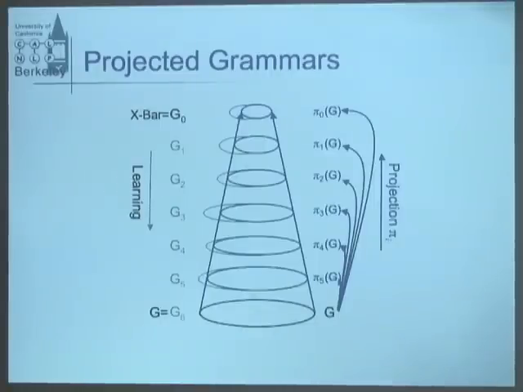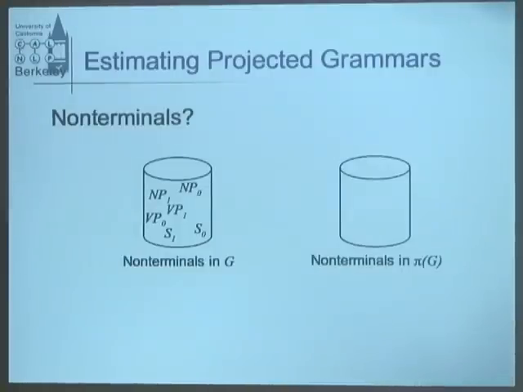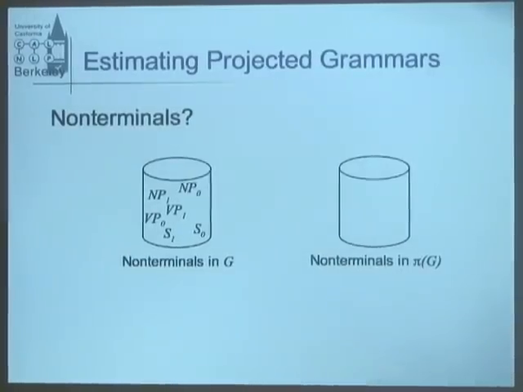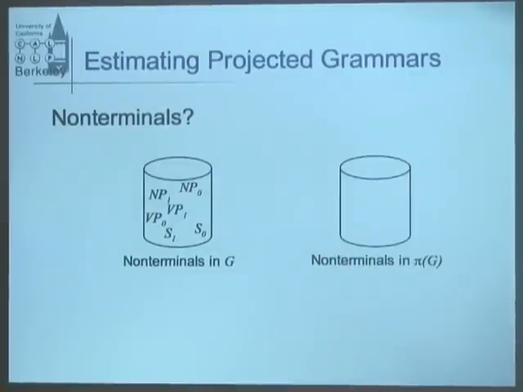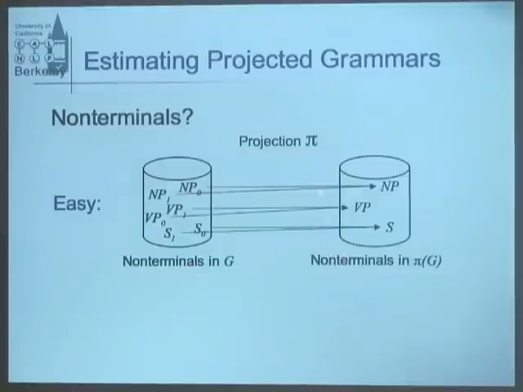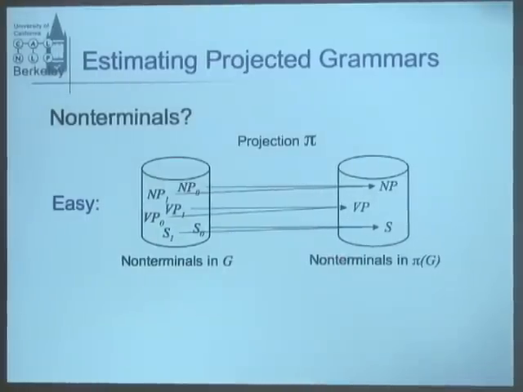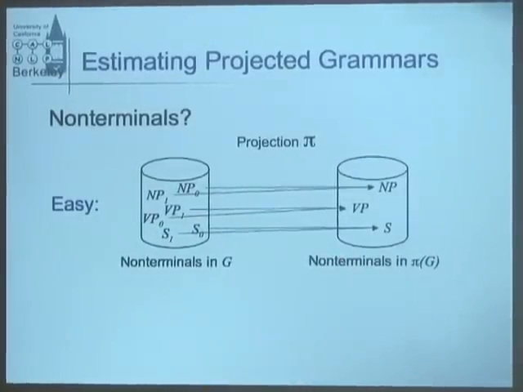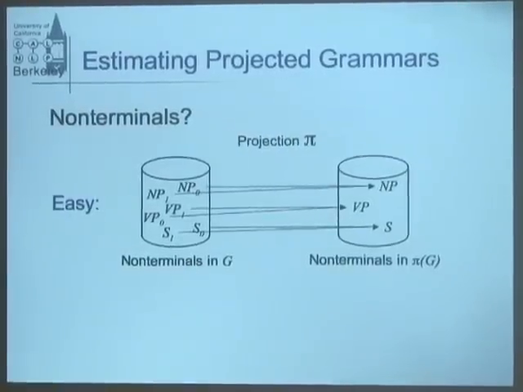This will allow us to tighten the pruning threshold and prune more. So how can we do this? Deciding on the non-terminal set is very easy. For example, if you have a grammar that has been split in two, one of the projected versions, we'll have several, can be just stripping off all the latent annotation.